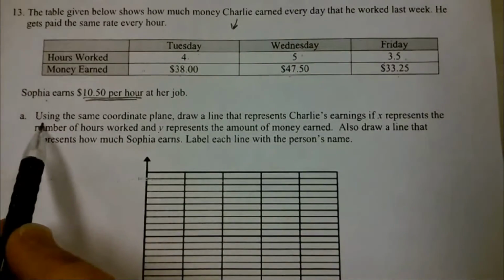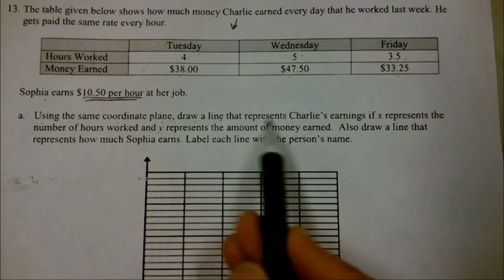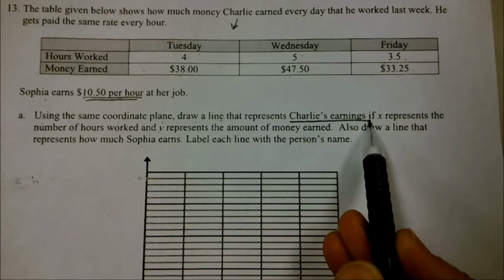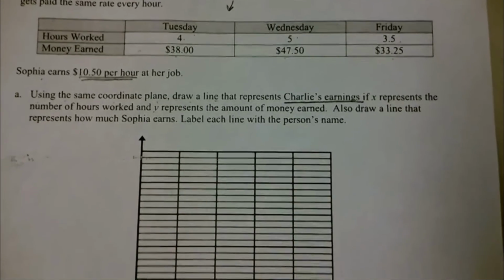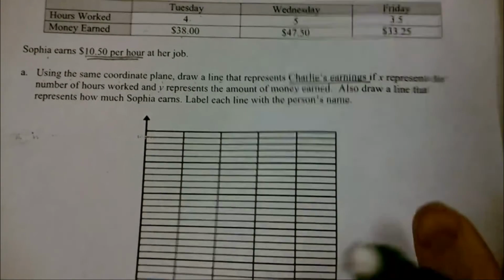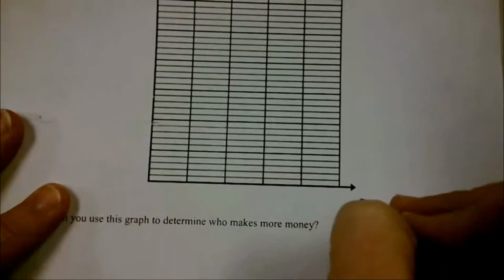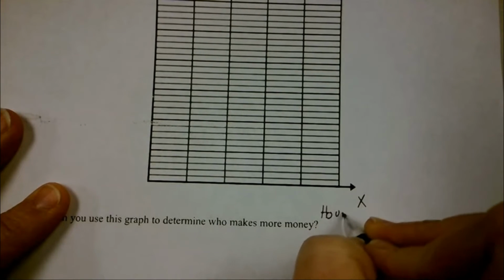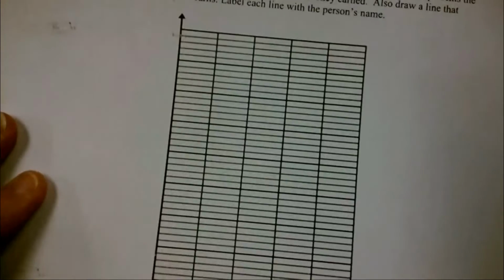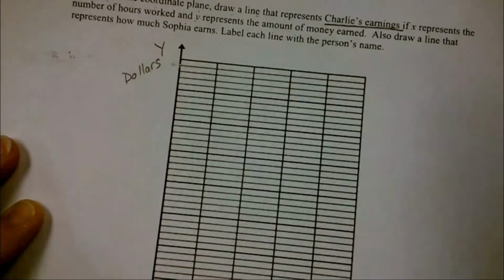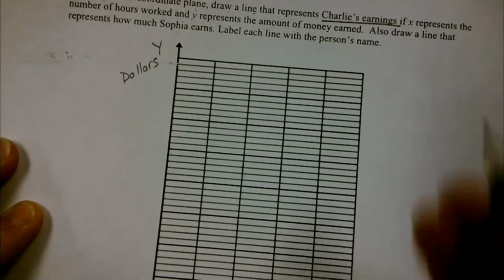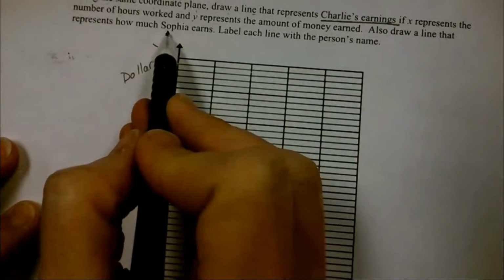It says, using the same coordinate plane, draw a line that represents Charlie's earnings. If X is the number of hours, so you want to label this X, label it hours, and Y is the dollars, the dollars earned. Also draw a line that represents Sophia.